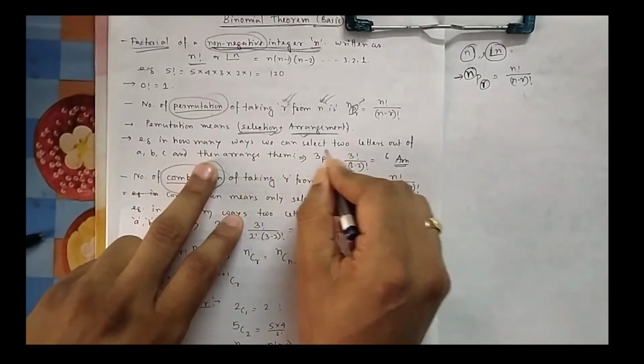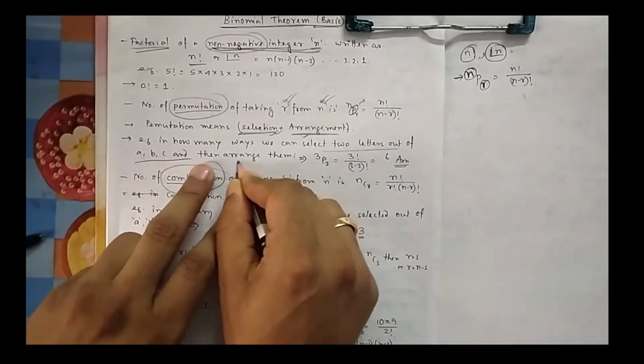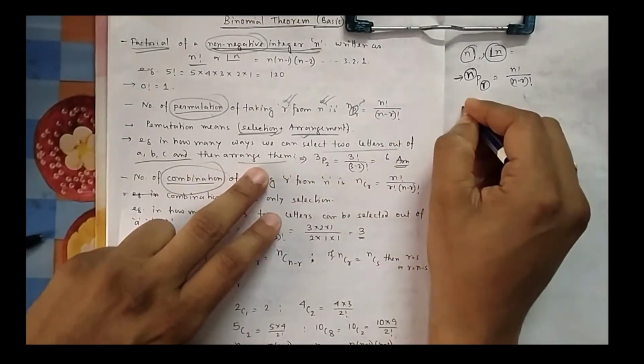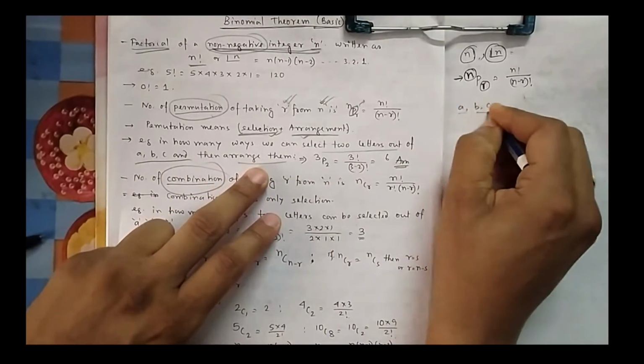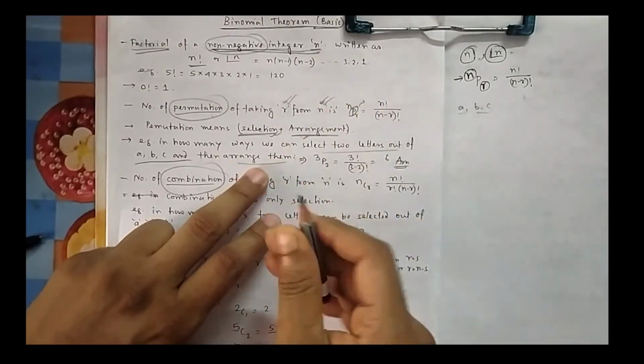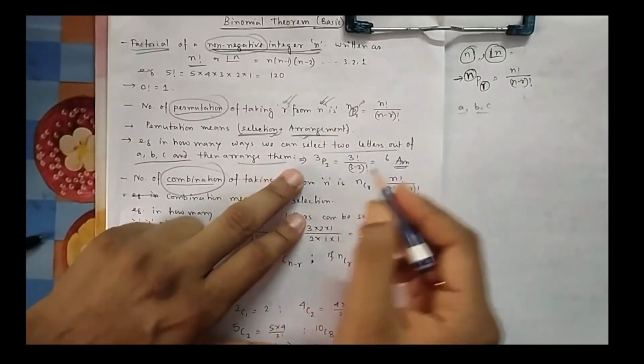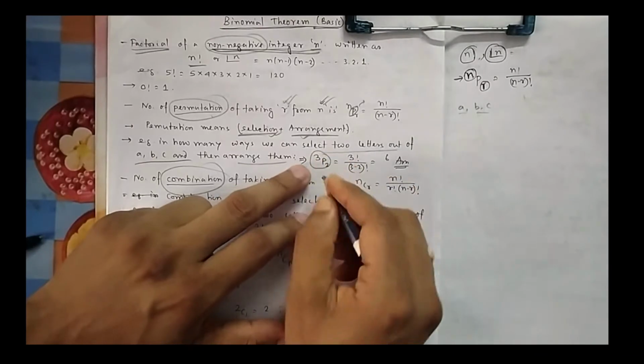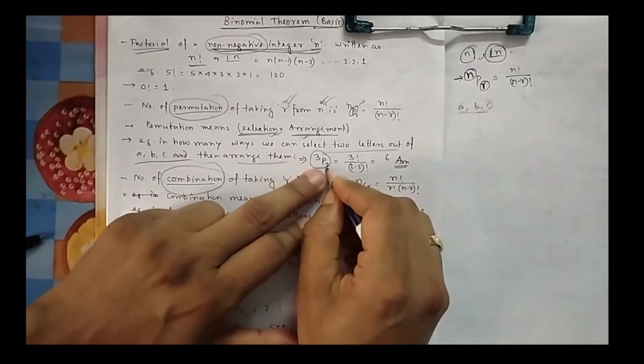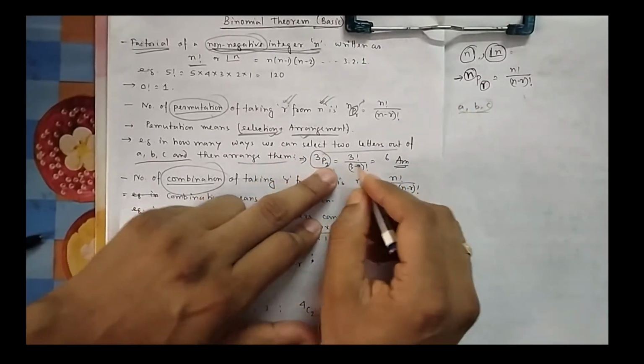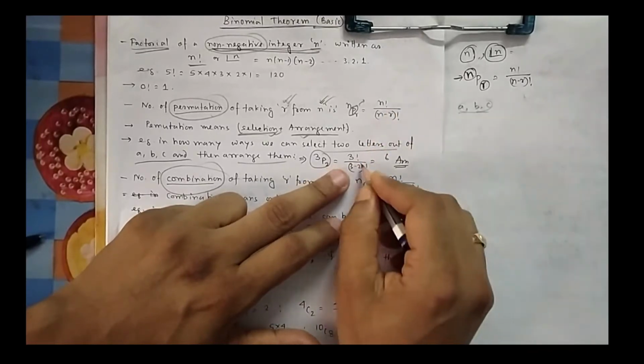So in how many ways can we select two letters out of A, B, C and then arrange them? That means from A, B, C you need to select any two and then you have to arrange also. So that means you need a permutation. So the formula becomes nPr. n is here 3, out of 3 you are taking 2, so 3P2, that is 3 factorial by 1 factorial, and as per this formula it comes to 6.